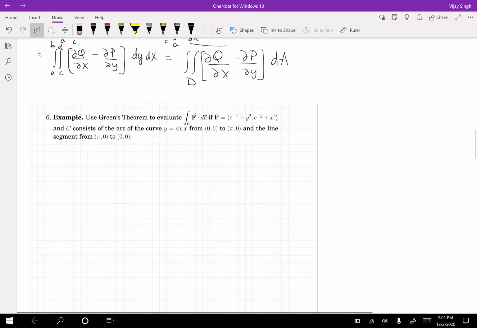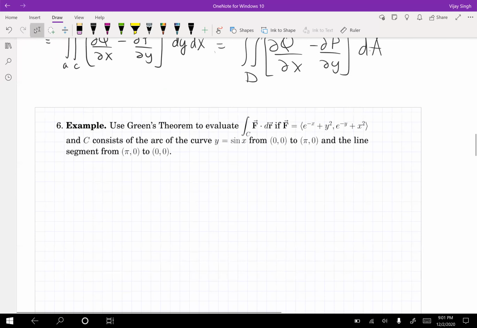All right, so now let's use Green's theorem to evaluate this line integral of F dot dr, where F is the following, where C consists of the arc of sine x from 0 to pi, 0.